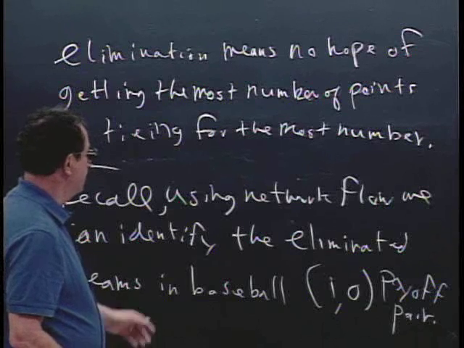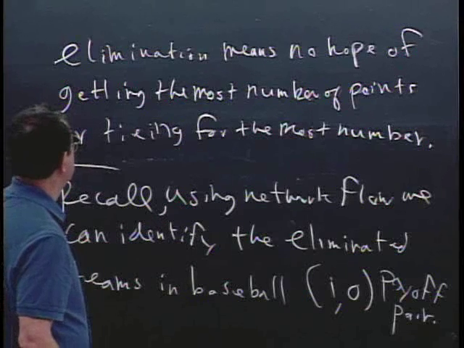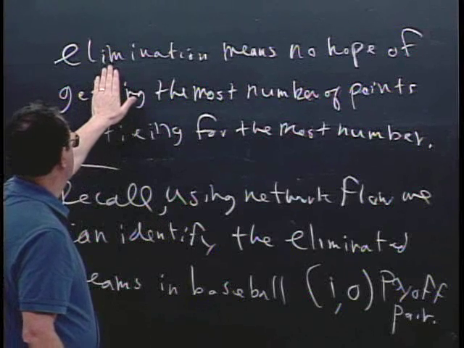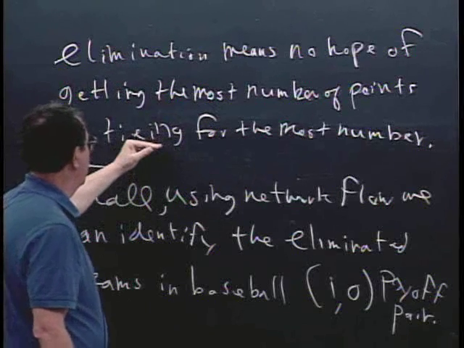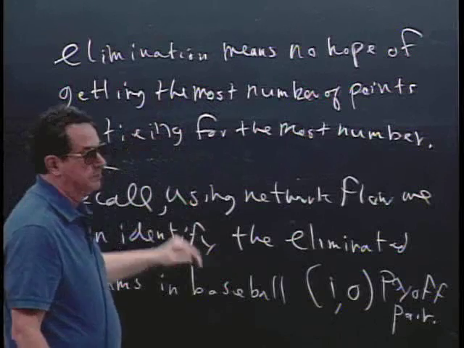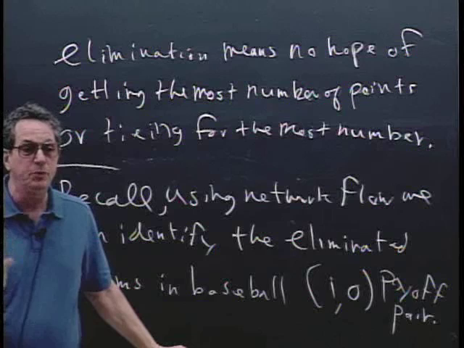And then we'll come back to baseball, and we'll look at a more precise question where we're not just interested in whether the team can win or tie for the most number of points, but we're interested in whether it can be the undisputed winner.